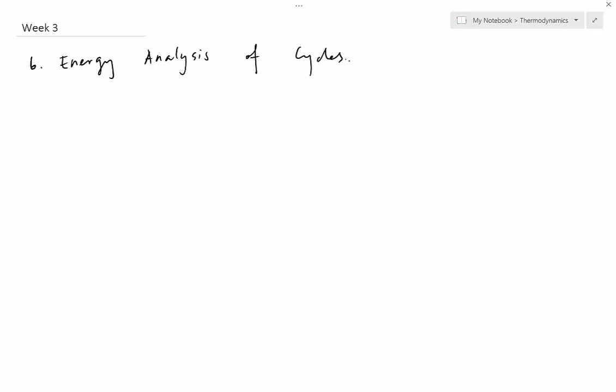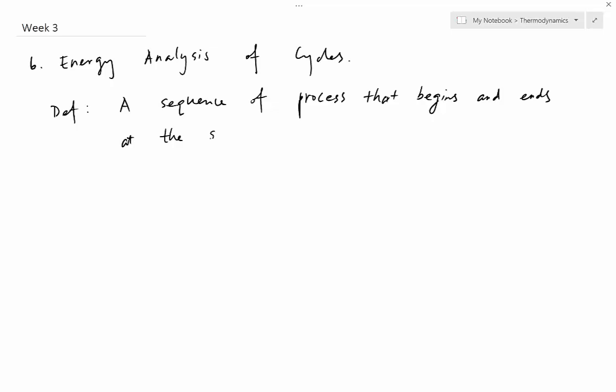Okay, so first of all, what is a cycle? A cycle is a sequence of processes that begins and ends at the same state.